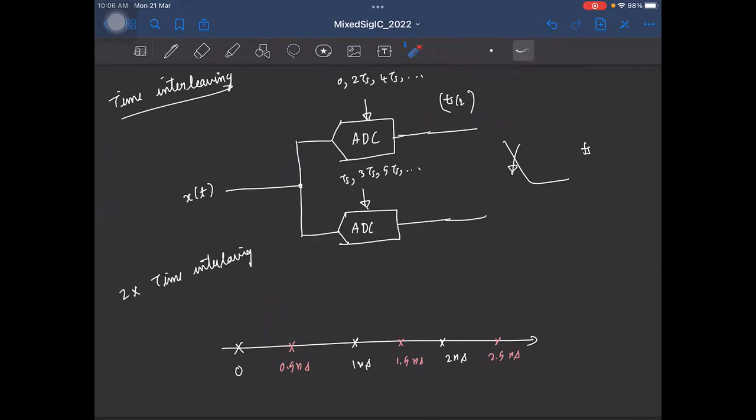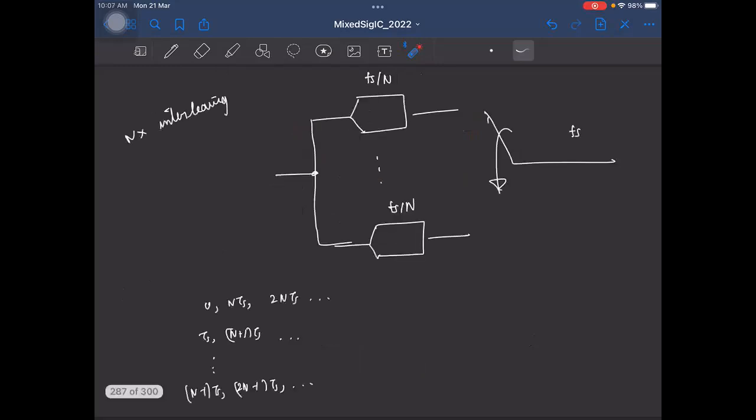If you have two identical ADCs, by interleaving the two, that is, making the first ADC sample at time instants 0, 2 TS, 4 TS, and the second ADC at TS, 3 TS, 5 TS, you can multiplex these two outputs to get a full rate ADC running at a sampling rate of Fs. You can extend this to N ADCs also. In that case, to get an effective sampling rate of Fs, each individual ADC must be running at Fs by N.